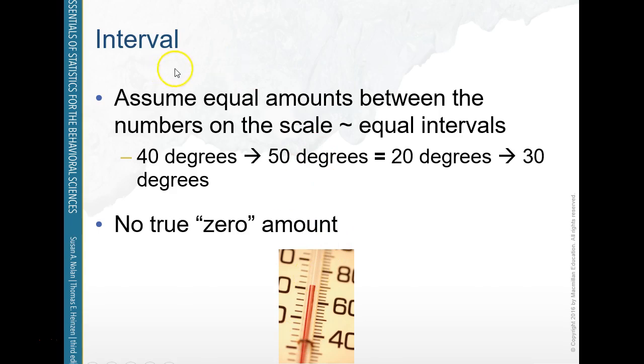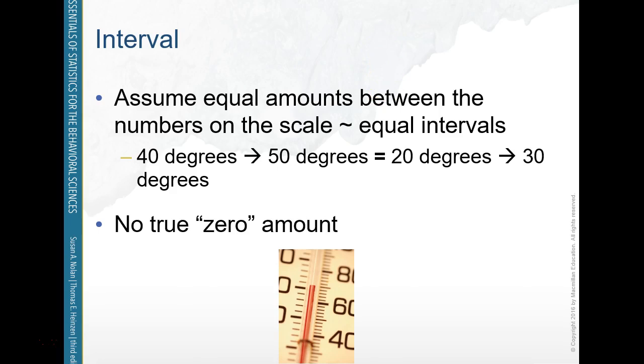If you imagine a thermometer, and it's 70 degrees and then 71 degrees, the difference between 70 and 71 degrees is 1 degree. And if you go from 84 degrees to 85 degrees, the difference is also 1 degree.